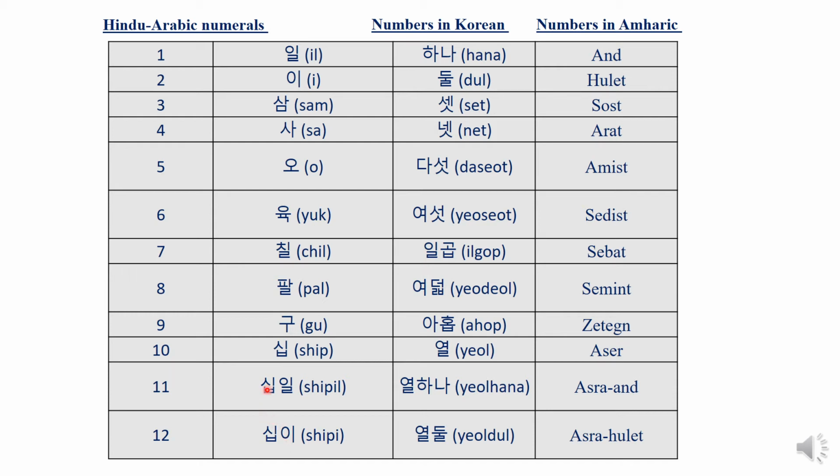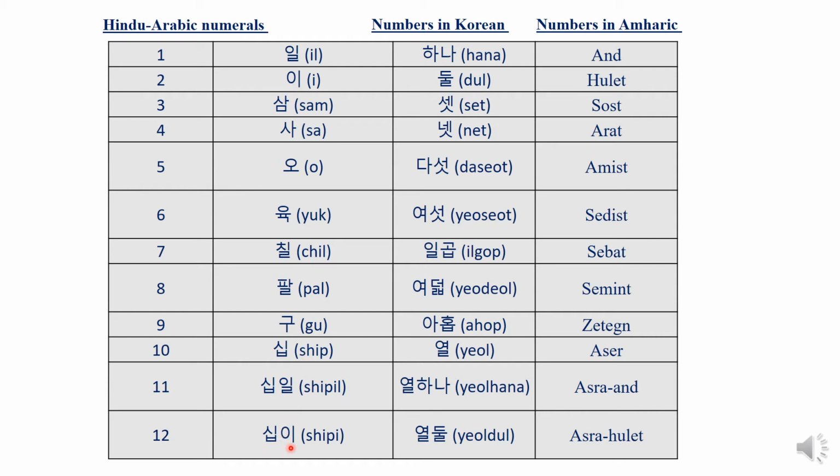For example, if you know ship is 10 and il is 1, so 10 plus 1 is 11 here. So shipil. If you want to say 12, then 10 plus 2, ship e.